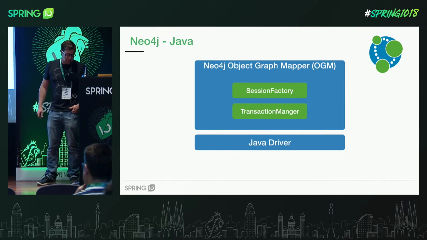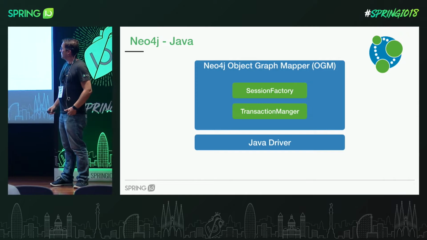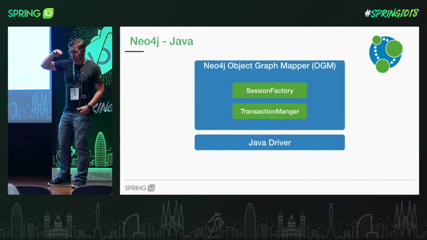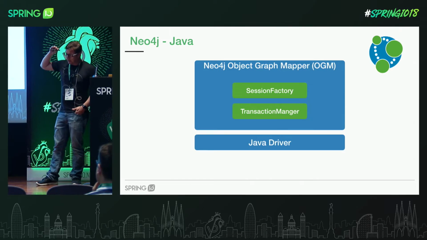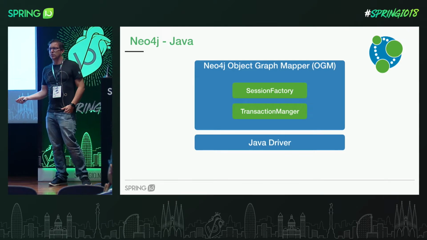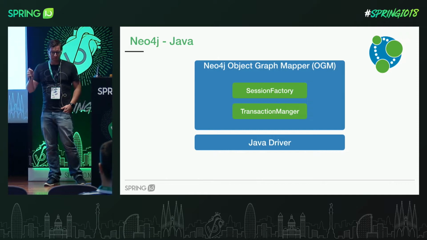Sorry, but I don't have any information about this. So the idea in this case was to leverage the abstraction from the pure Java driver that works with nodes to something you can throw your entities at.